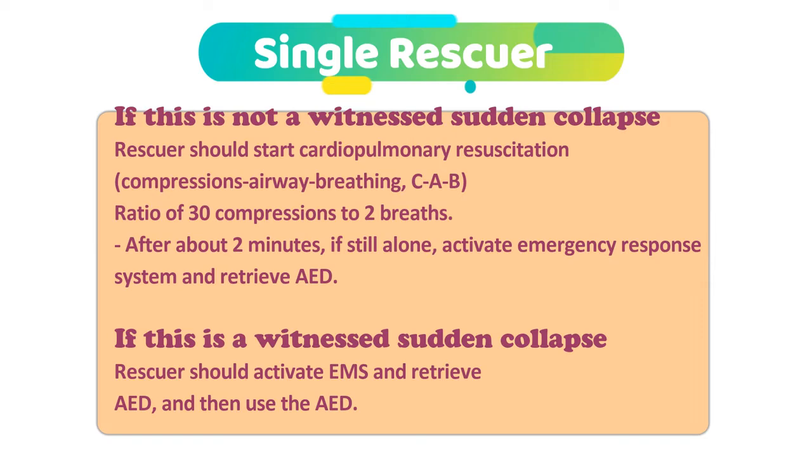Provide 30 chest compressions, followed by 2 breaths. Then, after about 2 minutes, if still alone, activate emergency response system and retrieve automated external defibrillator if not done yet. But, if you are alone and witnessed a sudden collapse, as a rescuer, activate emergency medical services and retrieve AED, then use the AED.